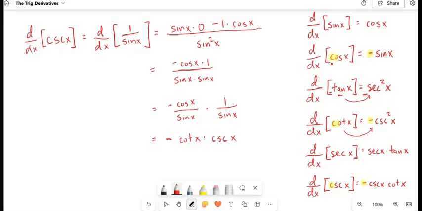Secant derivative was secant tangent, cosecant, cosecant cotangent. Okay, so I think of it as like there's three big rules, and then for the co functions, remember the negative signs, and also the co derivatives basically mirror the derivatives of the non-co trig functions.